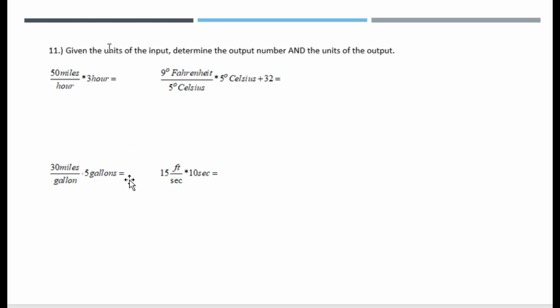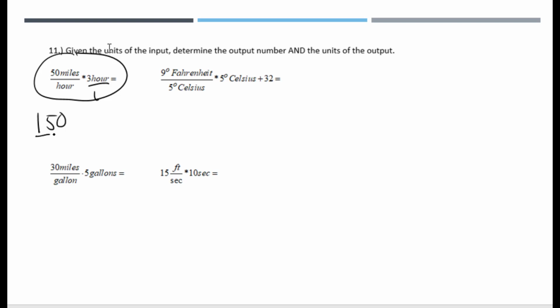So these I just wanted to go over a little bit, and I'll do maybe the first couple and let you struggle on those and leave the answers in when I do the videos for the answers. Look at this. Now I'm going to put this over 1. 50 miles per hour times 3 hours. I'm going to look at the numbers, right? So this is straight across. 50 times 3 is 150 over 1, right?